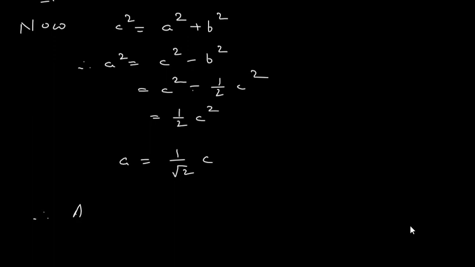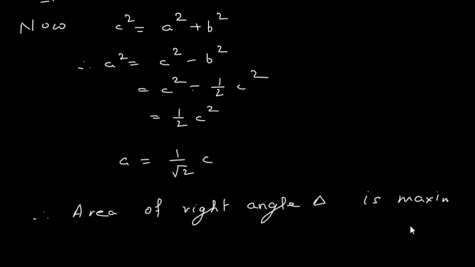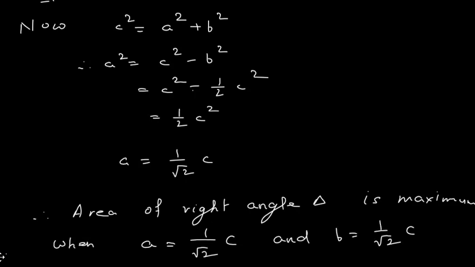So therefore the area of the right angle triangle is maximum when a is equal to 1 upon root 2c and b is also equal to 1 upon root 2c.